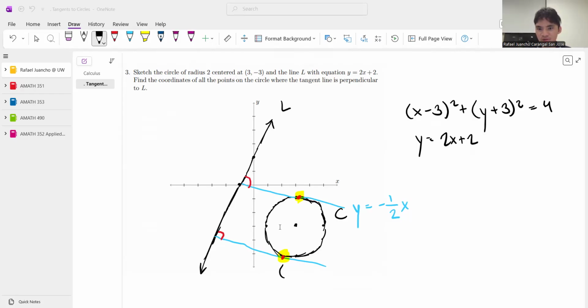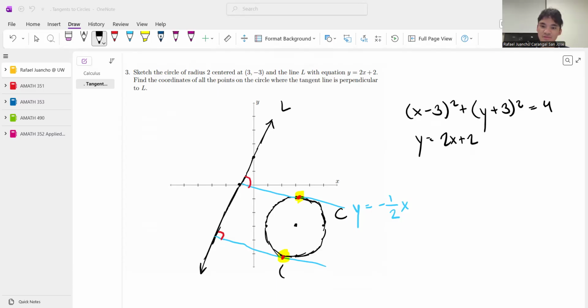We find points on the circle so that the radial line from 3, -3 to B has slope 2. So in other words, we want points x, y so that the following equations are true. How did we figure that one out?